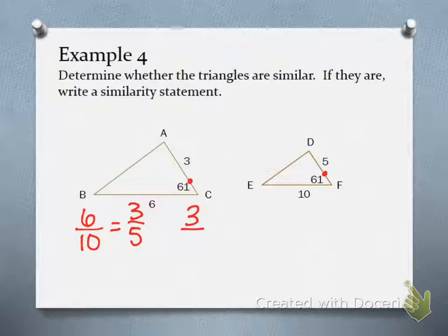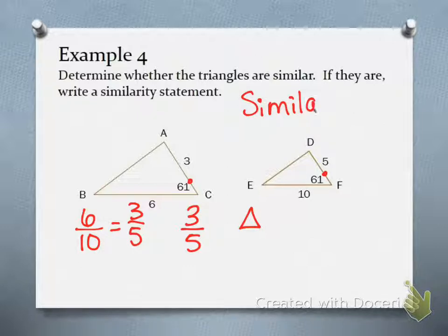And what's the other side from DEF? 5. So are those proportional? Yes. So since they are proportional sides and the included angle is congruent, are they similar? They sure are. So we could say similar by side, angle, side.